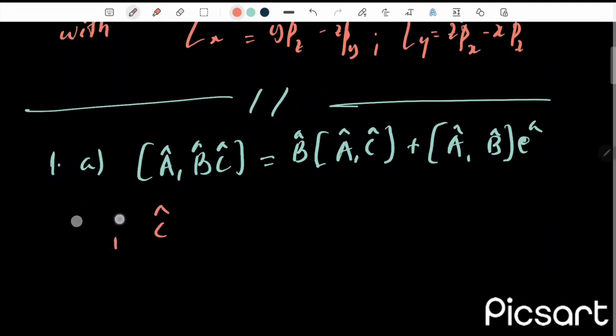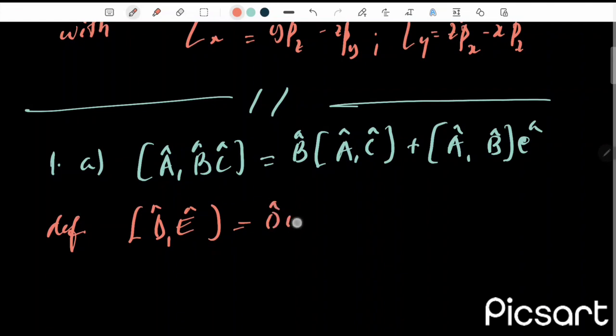We know that the commutator of D and E operators is D times E minus E times D.